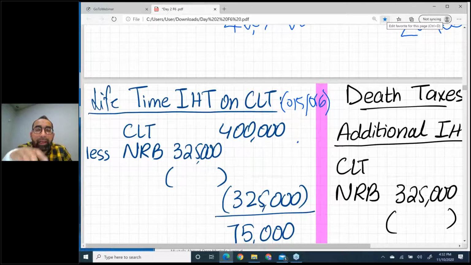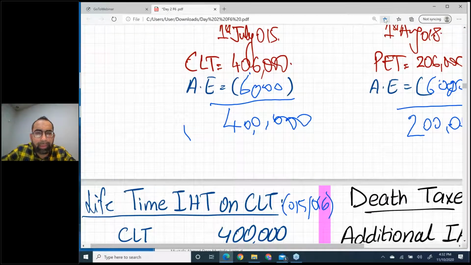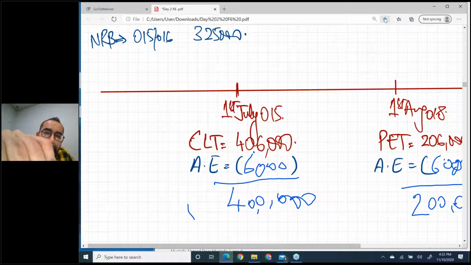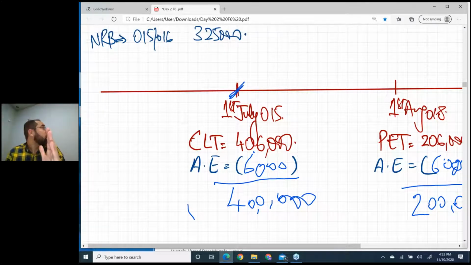So for NRB, you always look at the screen. You will come to the date of gift, stay at the date of gift, and see the last 7 years. Look at my screen.